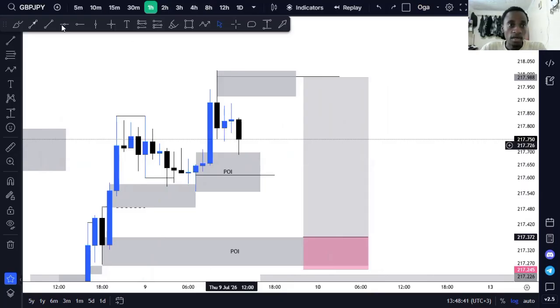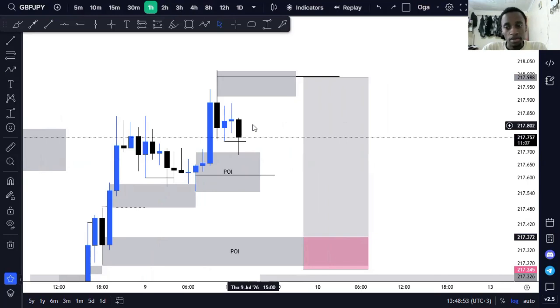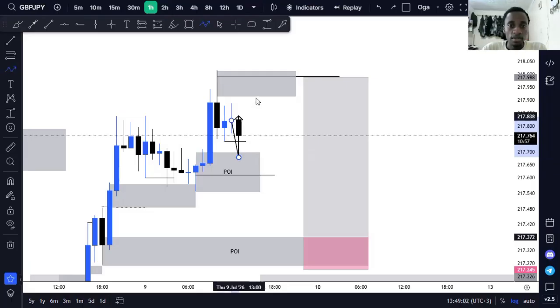So if it's going to close below this structure before pulling back, maybe we're going to have something like this, drop the way it has done, then pull back to either here or some structure up here.